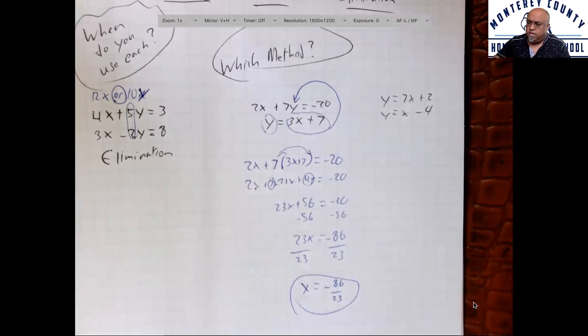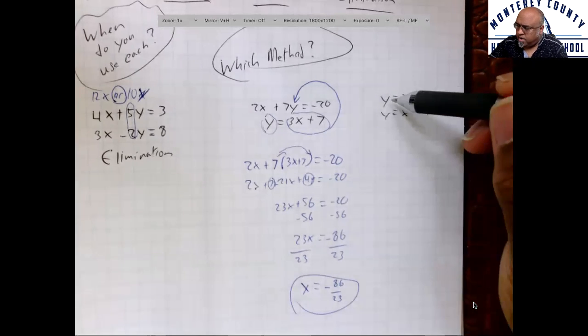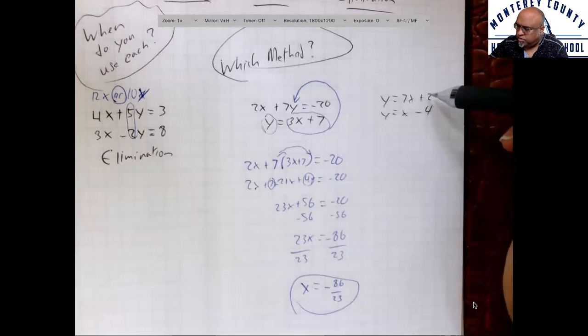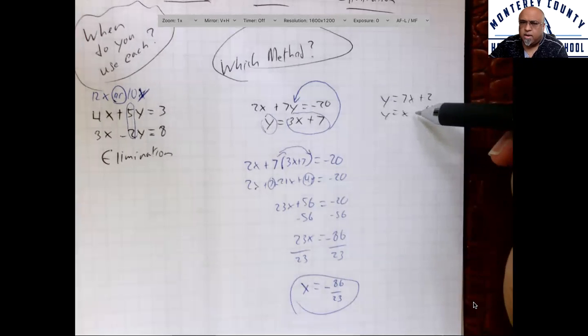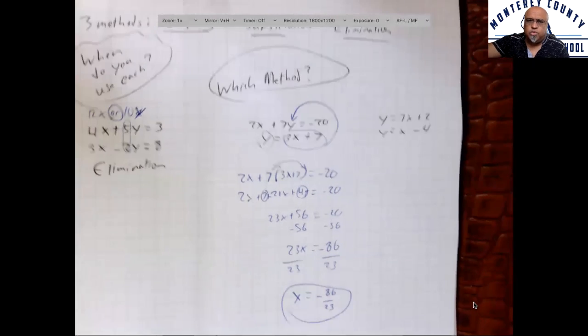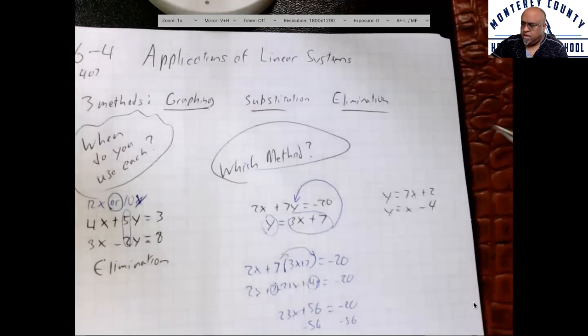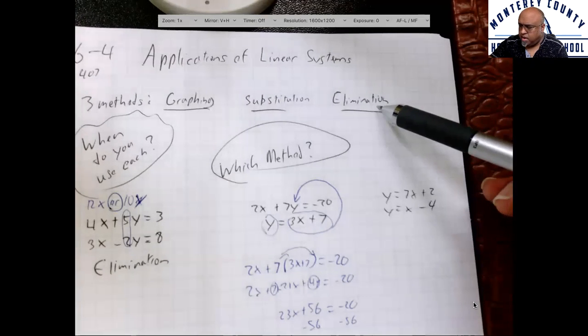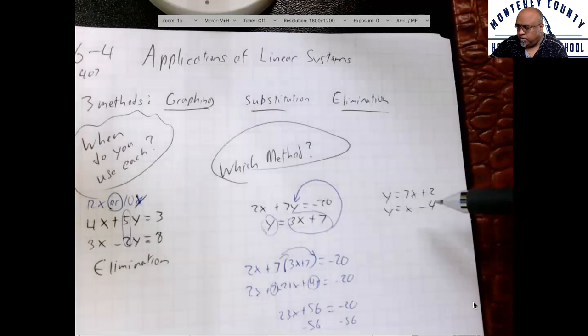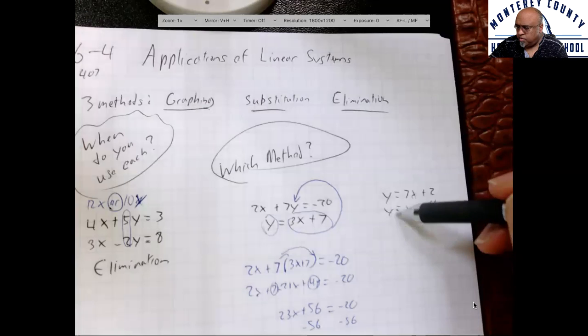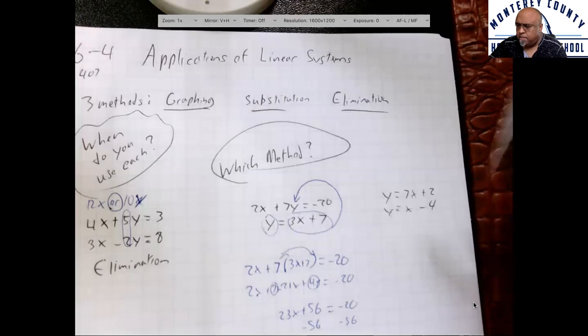Now let's take a look at the last one. I have y is equal to 7x plus 2, and y is equal to x minus 4. So which method would I use for that? The elimination method, let's see. I could use the elimination method, but it looks like y here is the same, so I could definitely do that.